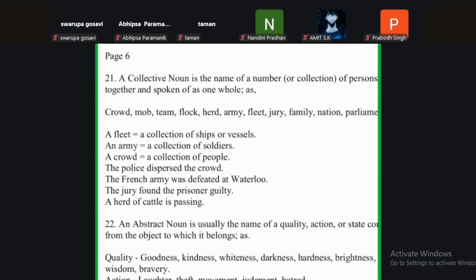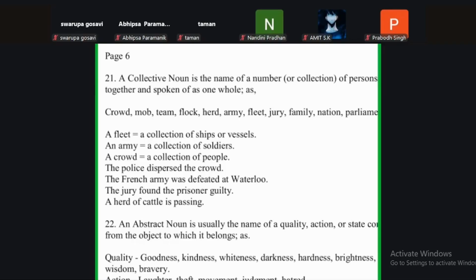So, for instance, a fleet of ships or vessels, an army of soldiers, a crowd of people. Now, for people, you have so many different words to describe. You could call a group of people a crowd, a mob, or just a group. And the meaning changes.